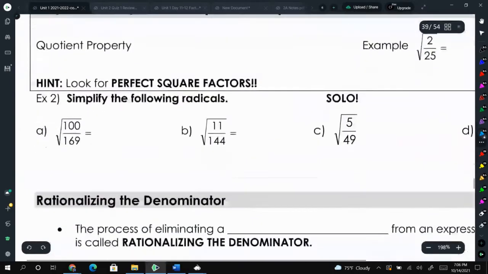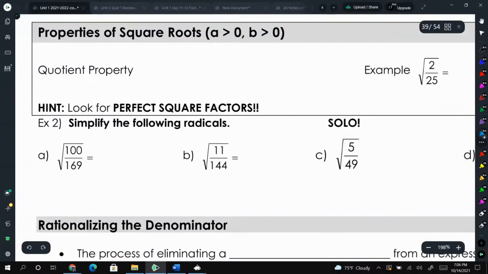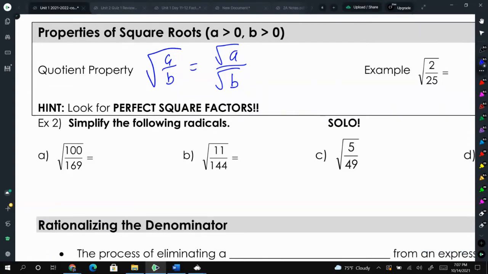Now let's look at the next page right here. And this is the quotient property. The quotient property says that if I have a fraction in a square root, I can break this up into two separate square roots. And this can be useful if your denominator is a perfect square, but the numerator isn't.